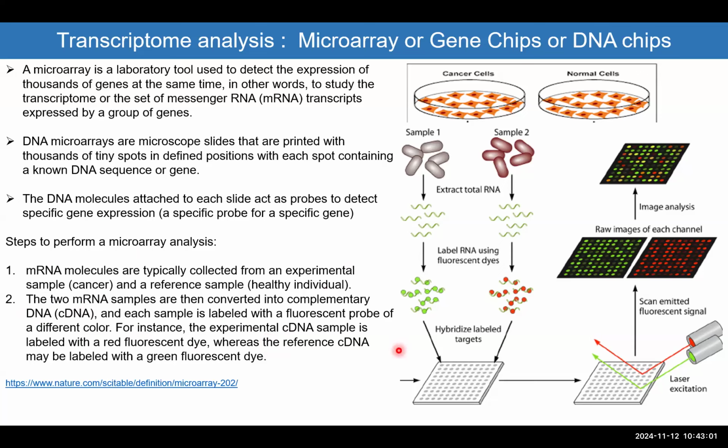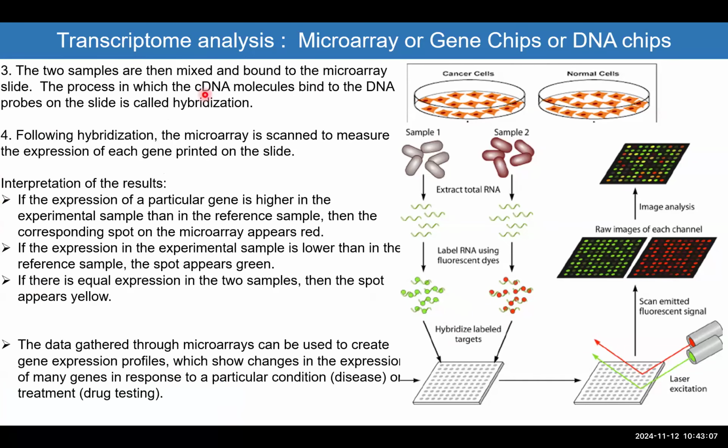And the cDNA is going to be labeled, one in red and one in green. And after that, the 2 samples are mixed. And then we allow them to hybridize to the microarray. Because now you have a single-stranded cDNA that is going to hybridize with the single-stranded probes on the microarray here.